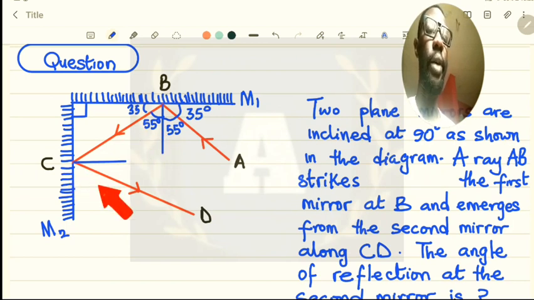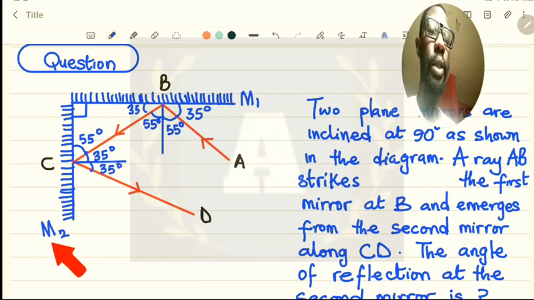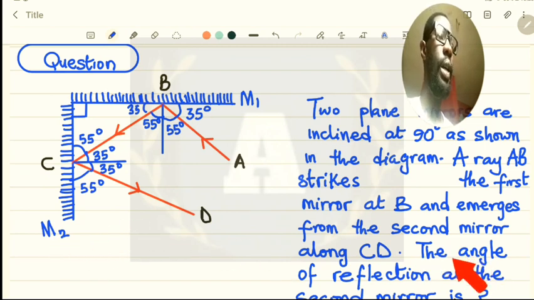If this is 55, then the glancing angle here will now become 55 degrees, such that the incidence ray for this second mirror M2 will be 35, and its reflected angle will also be 35, making this glancing angle 55. So the question says the angle of reflection at the second mirror is what?